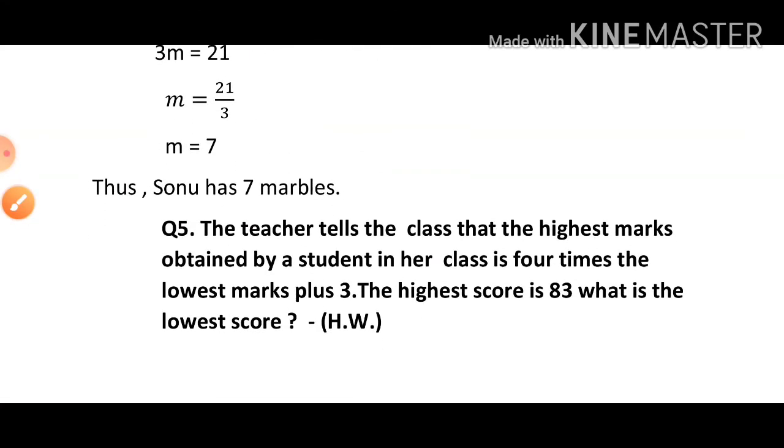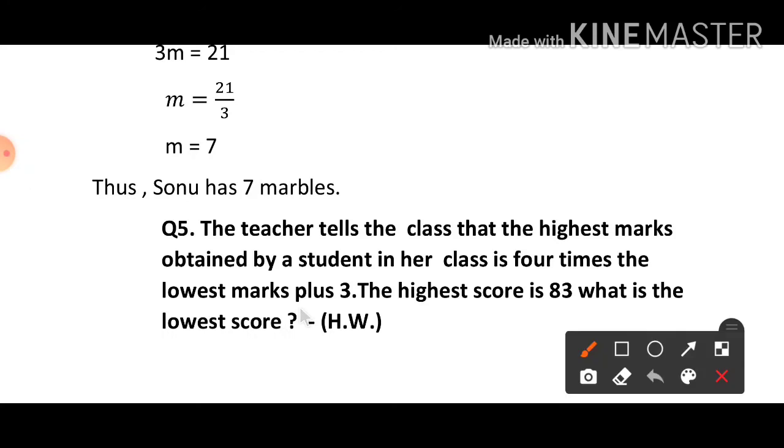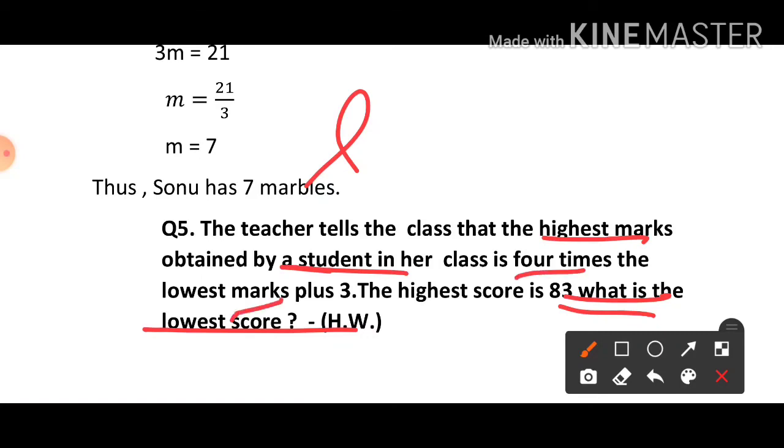Then last question, the teacher tells the class that the highest marks obtained by a student in her class is 4 times the lowest mark plus 3. The highest score is 83, so what is the lowest score? One hint I can give: to find the lowest score, you can take, let the lowest score be L, and the highest marks obtained by a student is 4 times the lowest mark. 4 times lowest marks means 4L plus 3.